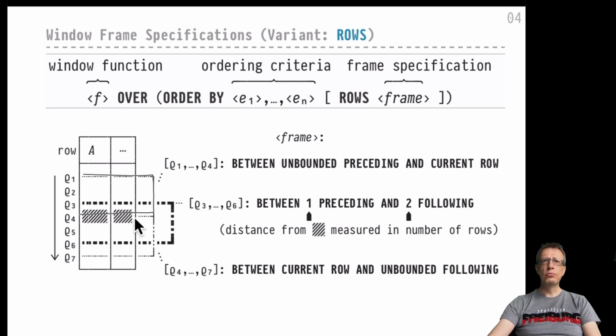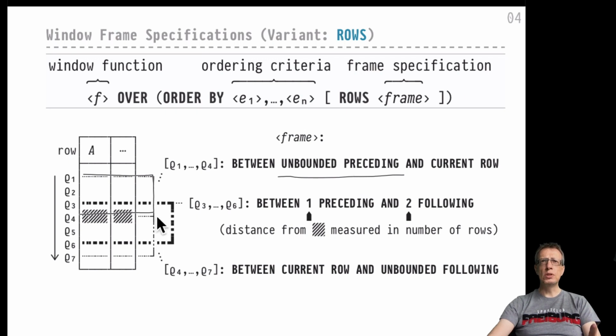So from the viewpoint of the current row, this frame extends to the very beginning of the table. So it's unbounded preceding. We are looking from this row, we are looking behind us in unbounded fashion until the beginning of the table. This is the meaning of unbounded preceding.